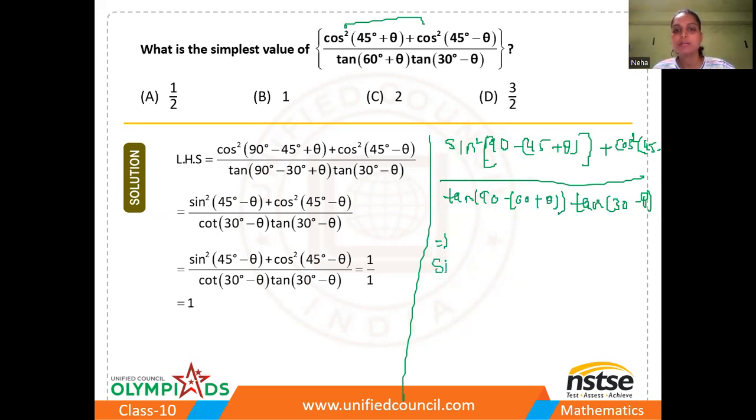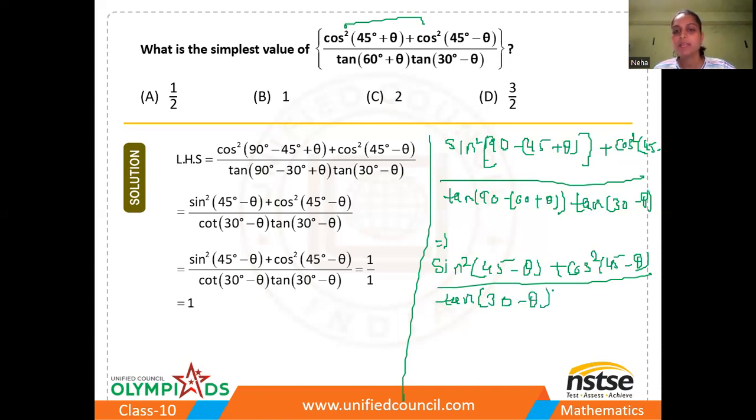So this becomes sin square 90 minus 45 is 45, and this becomes minus theta, and this is cos square 45 minus theta, and in the denominator, tan (90 minus 60), it is 30, and this becomes minus theta when we open the bracket.